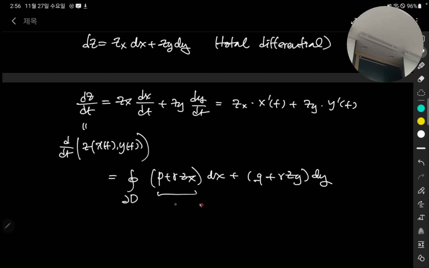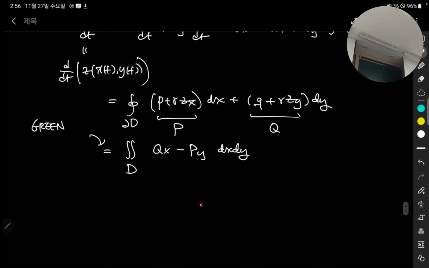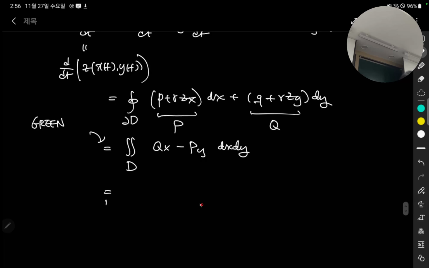So this part is the capital P, and this side is the capital Q. So this equals, by the Green theorem, the double integral of (Q_x minus P_y) dx dy. But then you have to be careful what the Q_x is. So Q_x is basically the partial derivative of q plus r z_y.